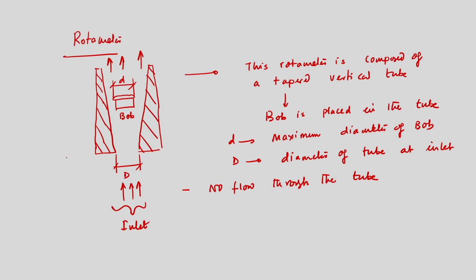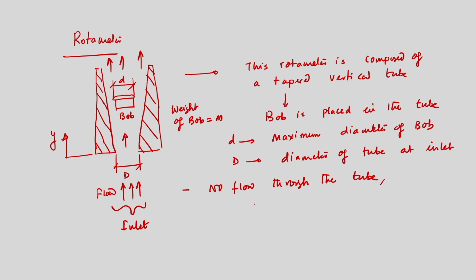This is the y direction, and the weight of bob is m. Now, this is the flow direction.